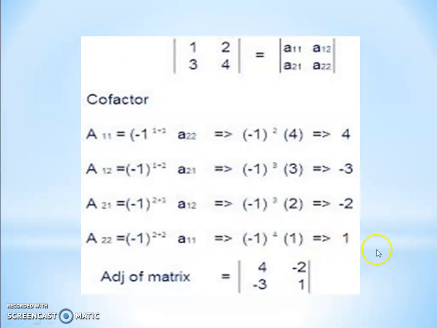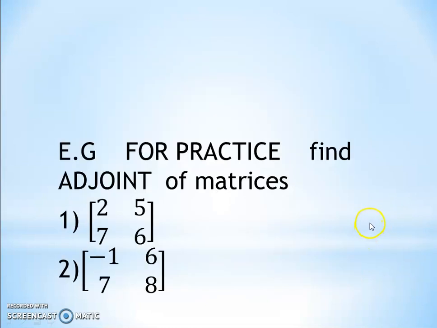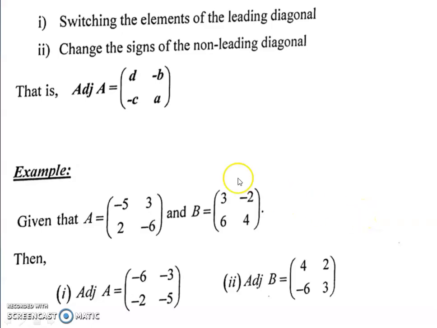Today's lecture depends totally on the adjoint of a matrix of order 2 by 2. So the easy pattern is: switch the leading diagonal elements, change the sign of the non-leading diagonal. That means adjoint of A is D, minus B, minus C, A.